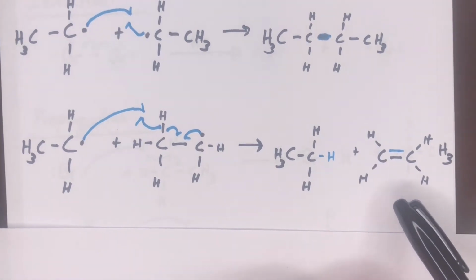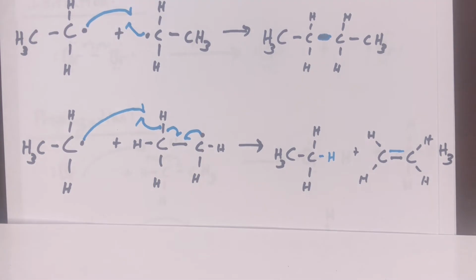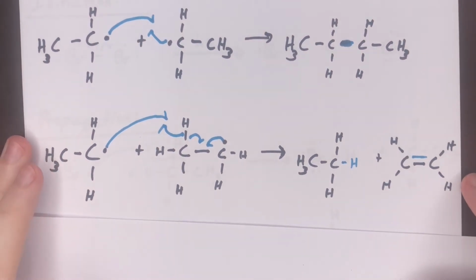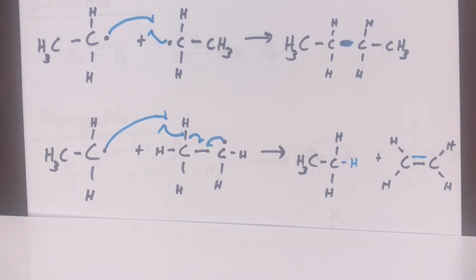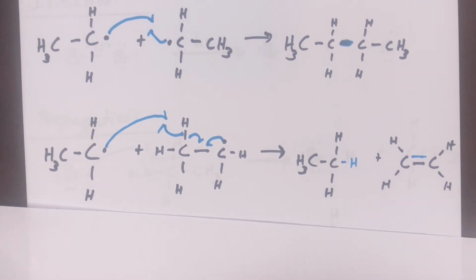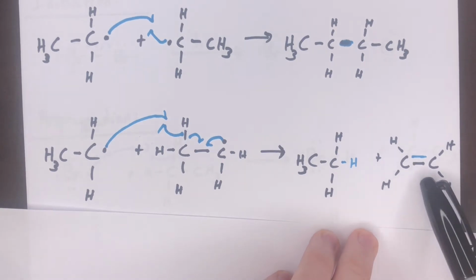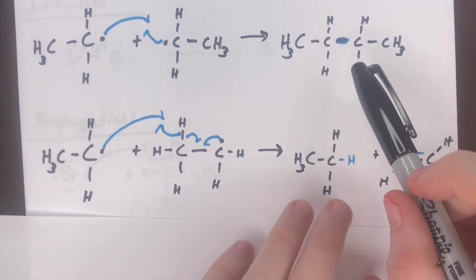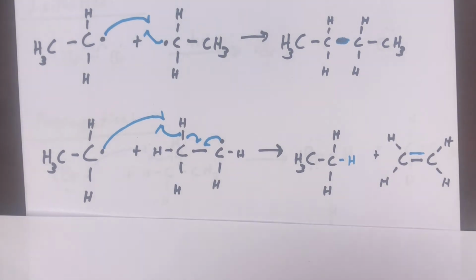So the takeaway from the termination steps is that there are many options, and there are going to be tons and tons of options, especially as the molecules get more complicated. In this case, this was just a simple ethane molecule, but you could have a more heavily substituted option in which you could have many of these alkene products and even the alkane products. So you have to pay very close attention to what the question is asking because it may want a specific propagation step.